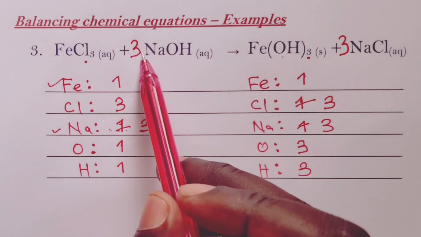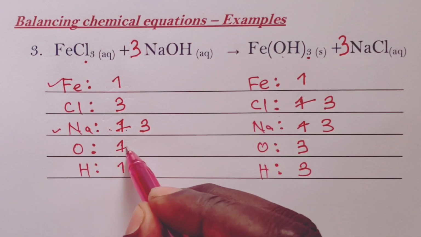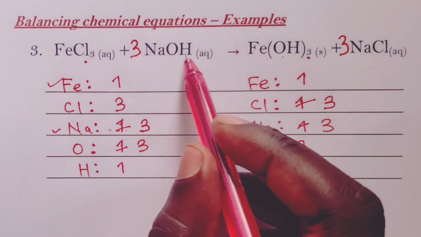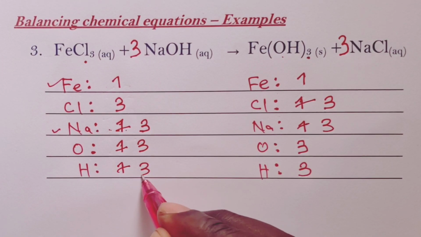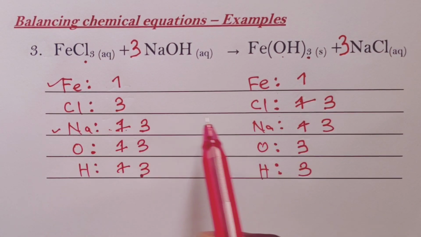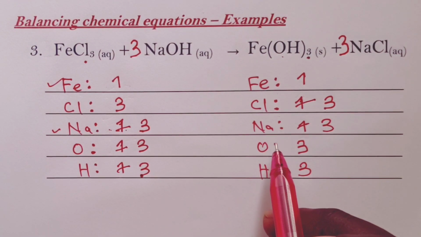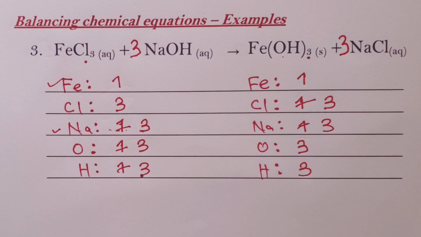But when I do this, I affect oxygen, which now becomes 3, and hydrogen, which also becomes 3. And by doing so, looking at my number of atoms, I realize I now have equal numbers on the left and on the right. Conclusion, equation balanced.